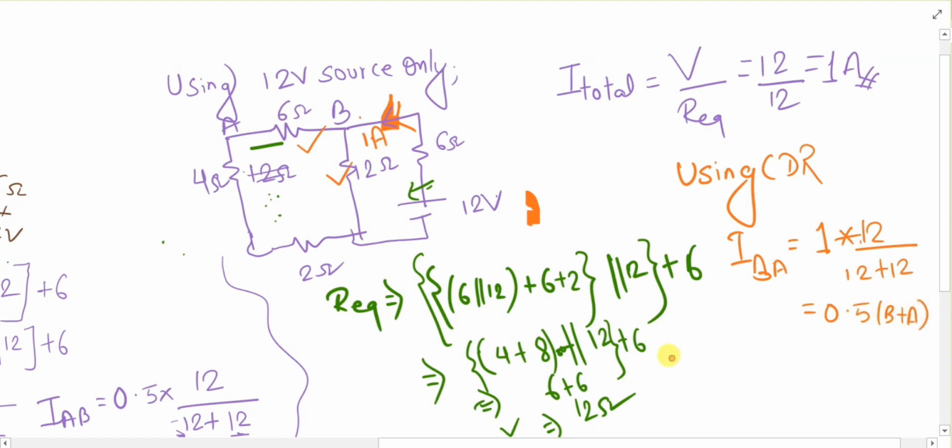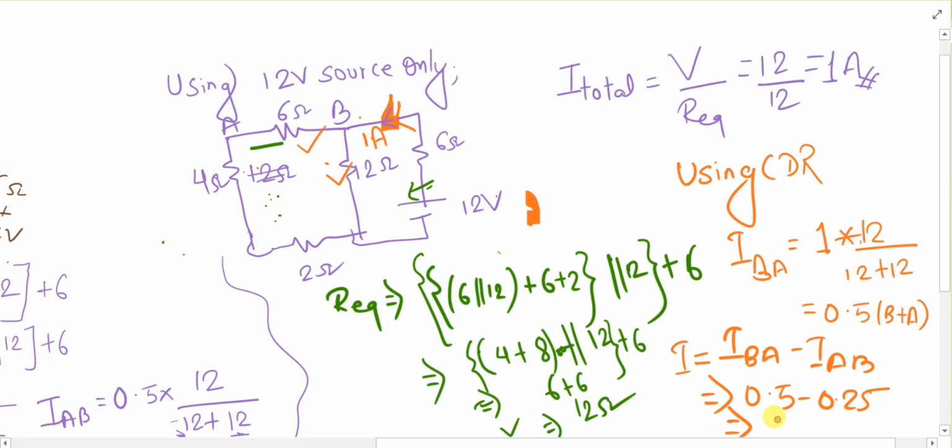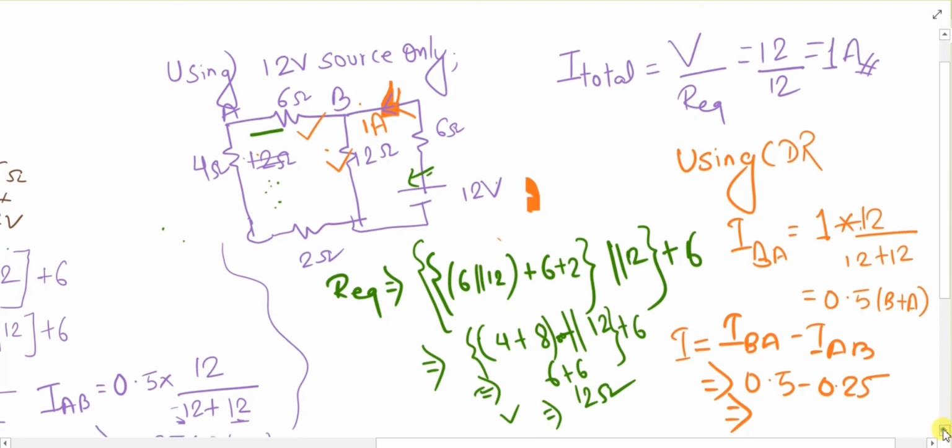Okay, so now you write that I total is, after solving the problems, we find that current flows from A to B with the 6 volt source and current flows from B to A while using the 12 volt source. Therefore the resultant current will be in opposite directions. Therefore I BA minus I AB, that's why total current is 0.5 minus 0.25, as they are flowing in opposite directions.